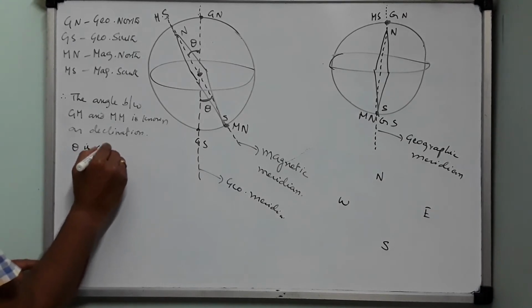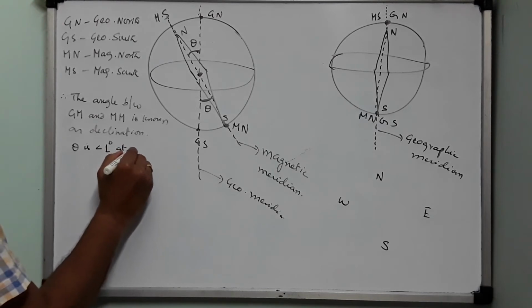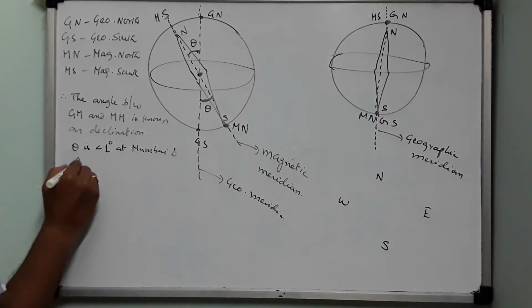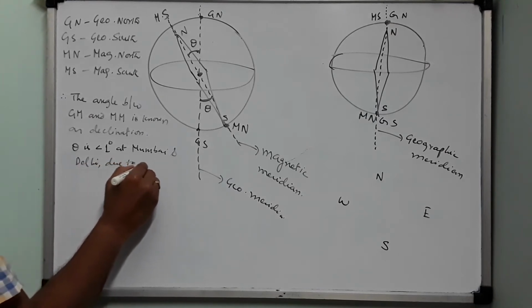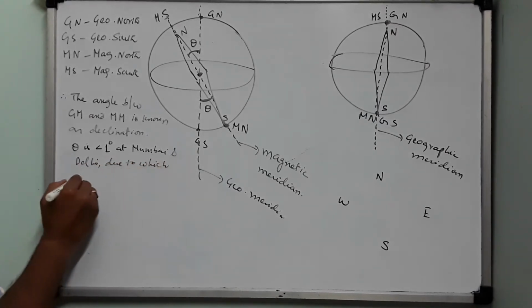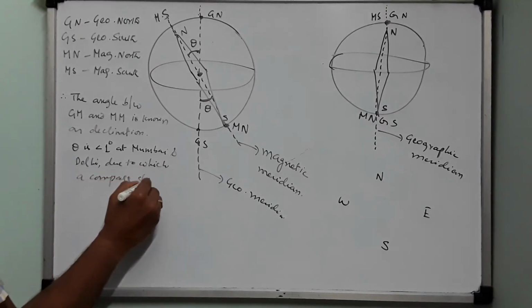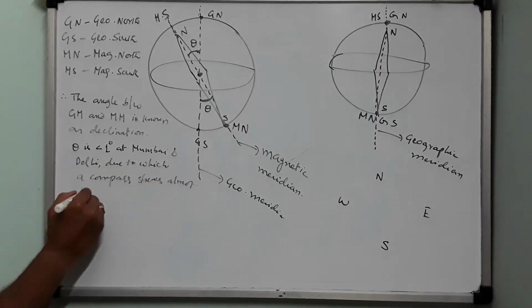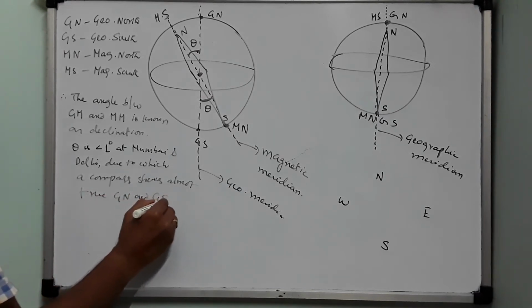So theta is less than 1 degree at Mumbai and Delhi, due to which the compass shows almost true geographic north and geographic south.